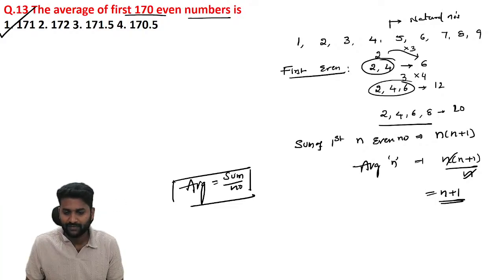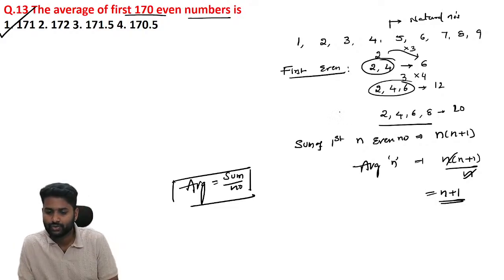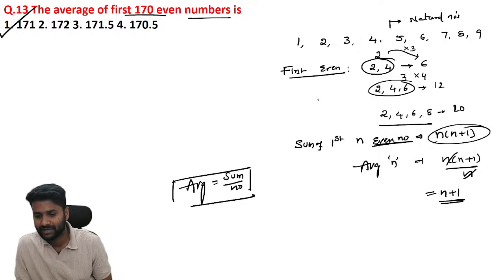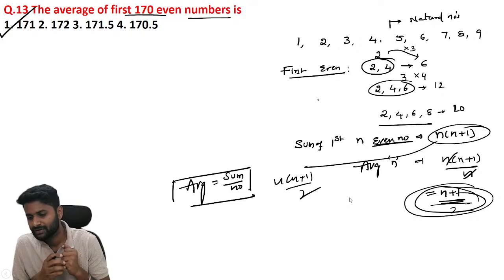Same way, if you divide the entire even numbers by 2, those numbers are natural numbers. 2, 4, 6, 8: if you divide by 2, then it becomes 1, 2, 3, 4. In the same way, the sum of first n natural numbers has the formula n into n plus 1 divided by 2. If we want the average, then the answer becomes n plus 1 by 2.